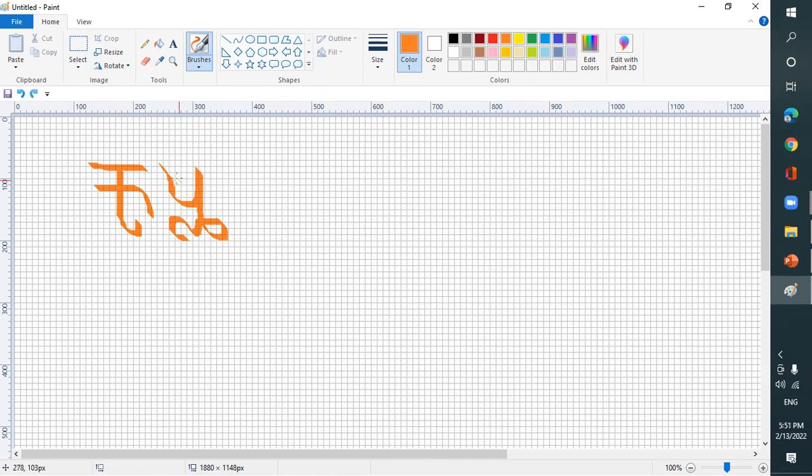In this it is straight, and then the Matra here. Like suppose Perna: Per, it will be written like this only.